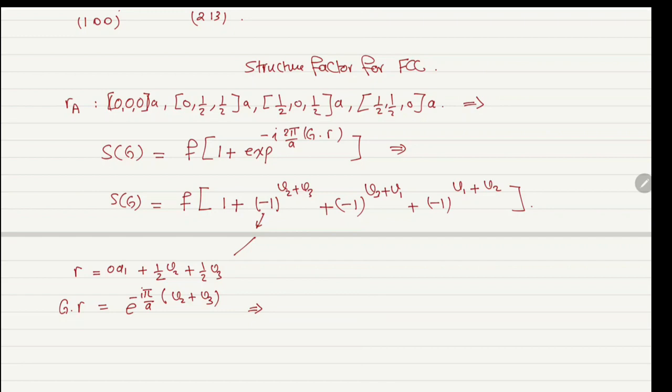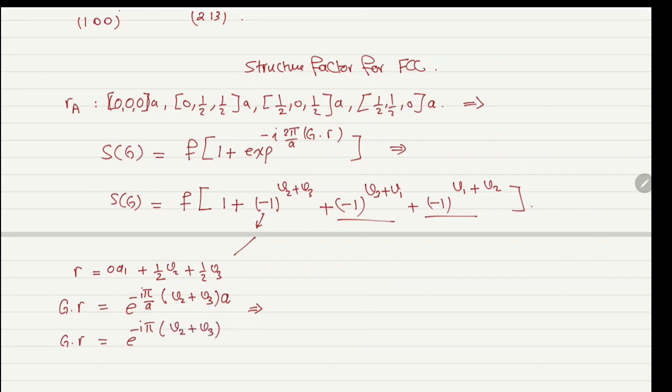And same procedure for this one here, and G dot R equal e to the minus i pi times V2 plus V3.